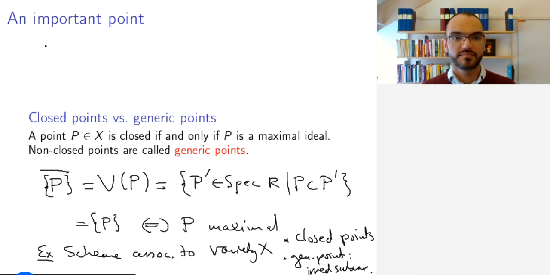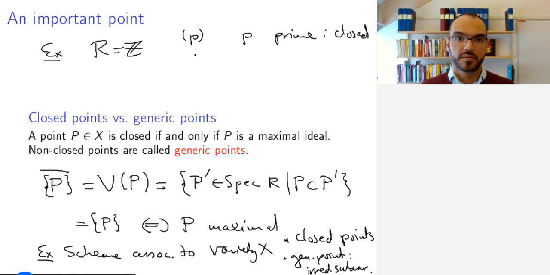Another example is if we take R equals the integers, then we have the points p with p a prime number. They are closed, but the point 0 is generic.